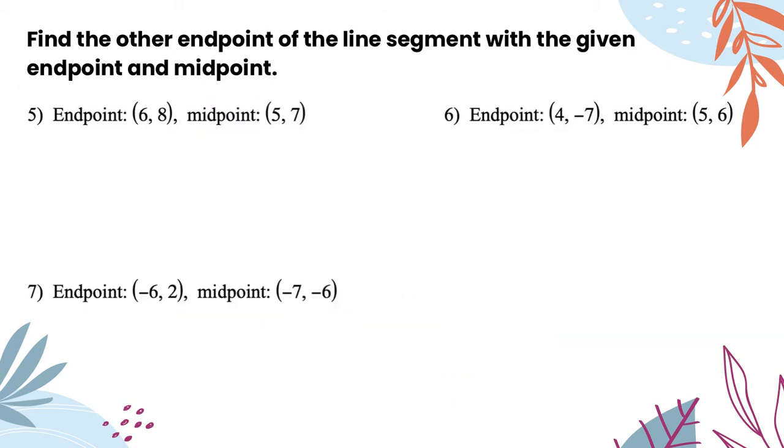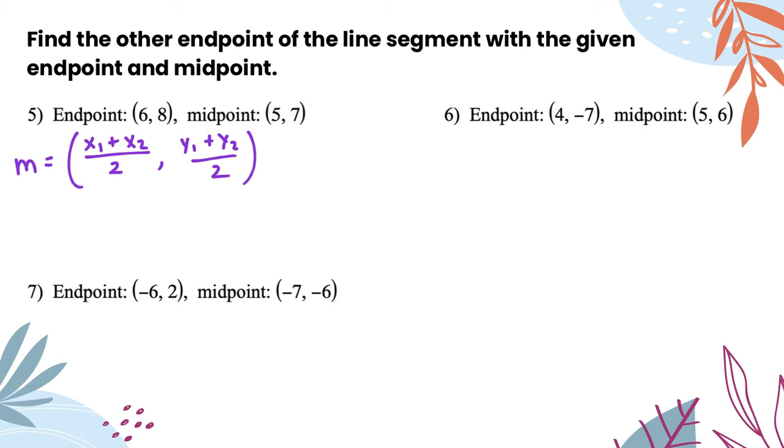Finally, we can also take problems where they give us the endpoint and they give us the midpoint, and then we find that missing value. So I know that my midpoint formula is the midpoint is x1 plus x2 divided by 2, and y1 plus y2 divided by 2.